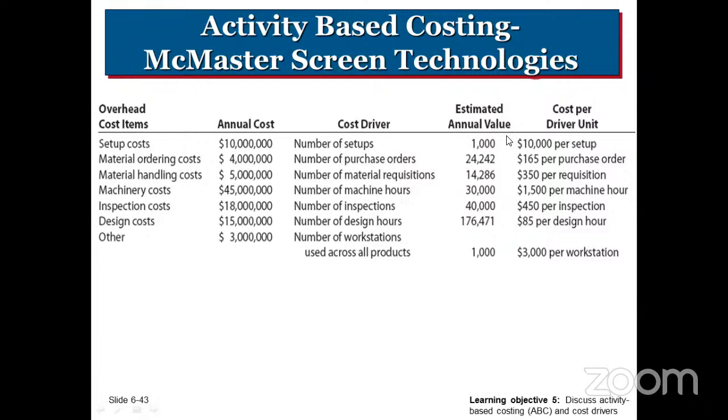This is the number they have already accumulated. They did the study based on past year data, and worked out the hours and the numbers. This is not a dollar sign, this is a number. After that, they use this 10 million divided by 1,000, and this gives the cost per setup.